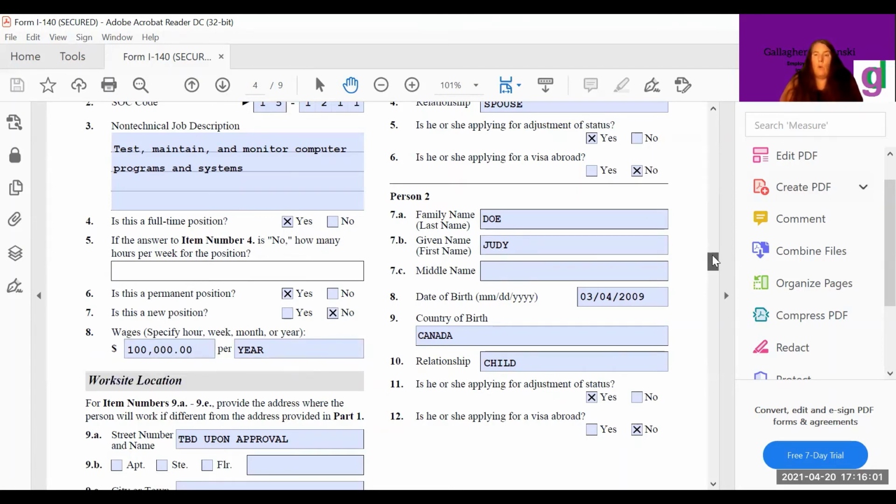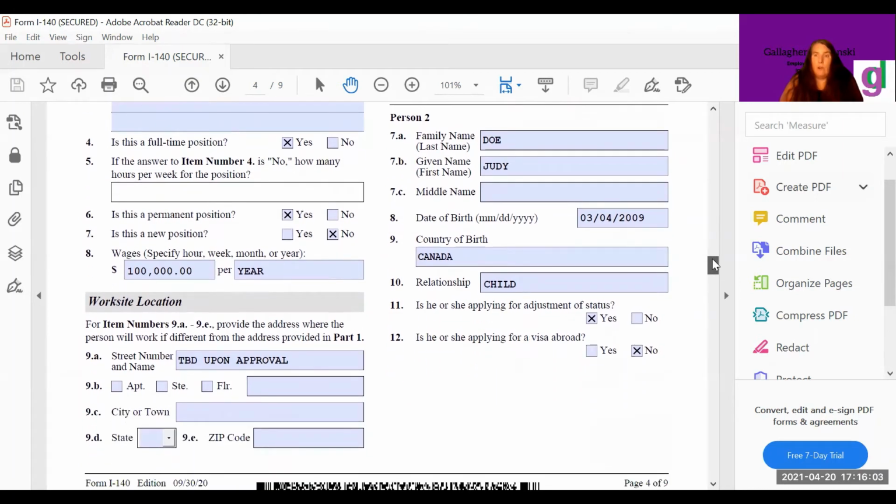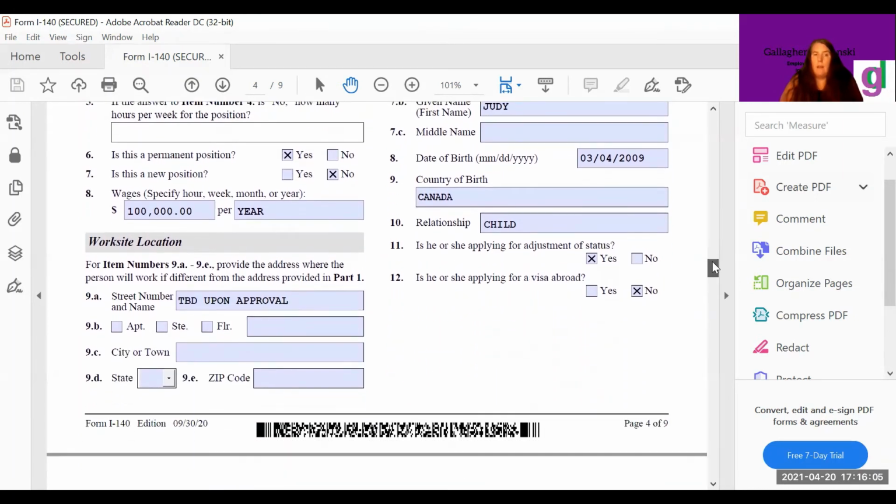Now it doesn't require a job offer or labor certification, right? So once again, work site location, you don't need to put where you work now because they're not applying for you. You're self-petitioning. So I just put TBD, to be determined upon approval.